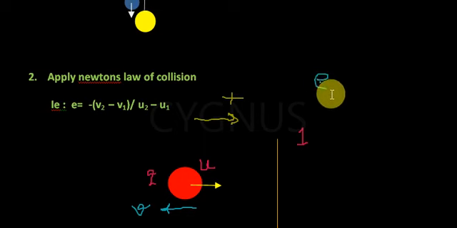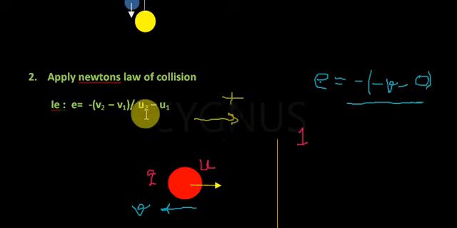So Newton said that E is equal to negative (V2 minus V1) divided by (U2 minus U1). Here V2 is V, which according to our sign convention is minus V, and V1 is 0, divided by U2, that is U, minus 0.